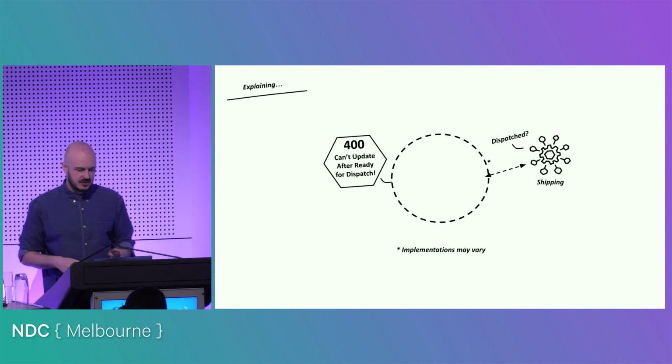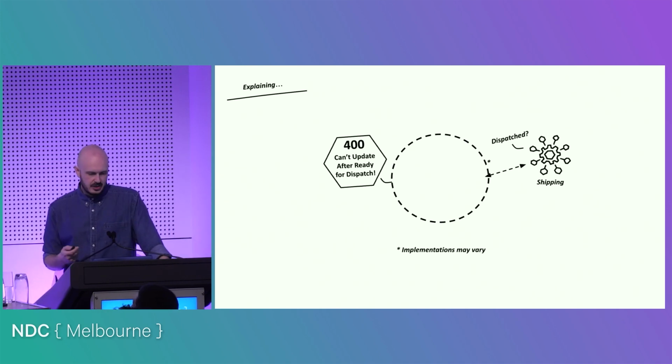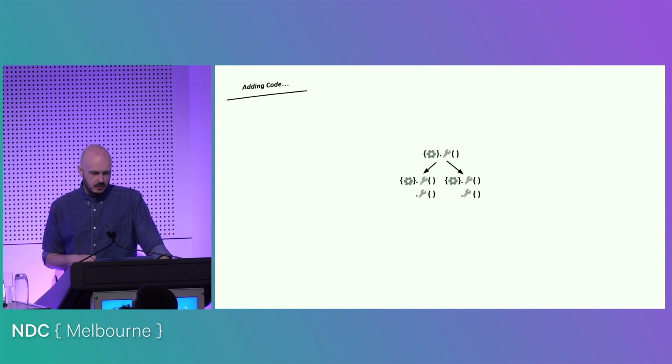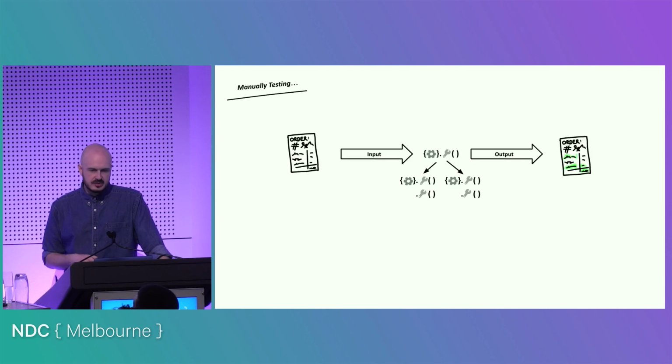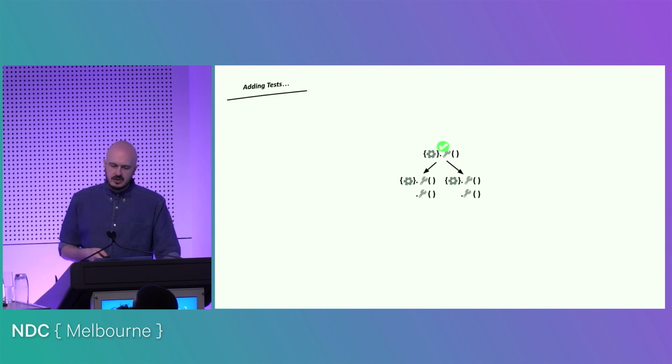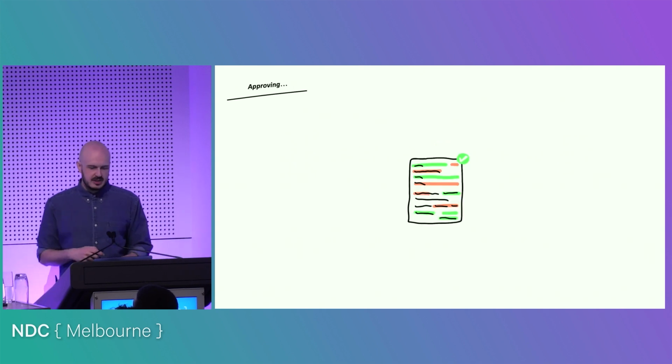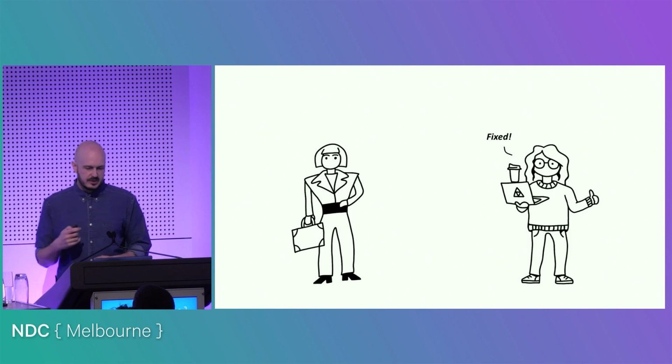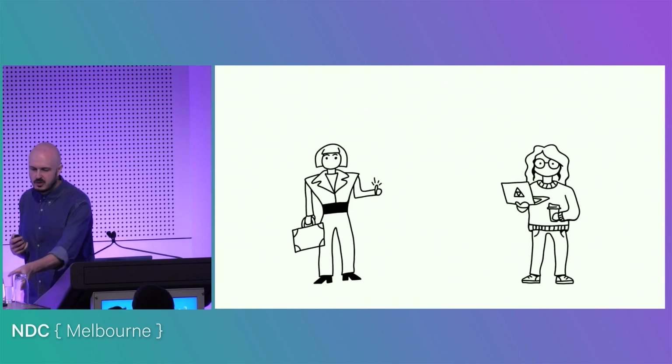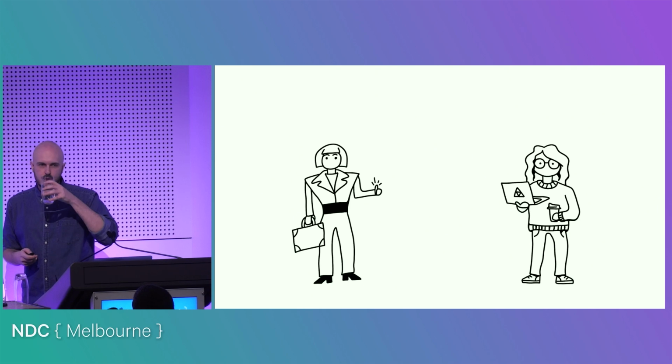Our code base is growing. So, again, wire that up. We do some manual testing, which looks good. We'll add a few new unit tests to our new classes, and we'll get, again, a fairly quick code review. And we'll tell the boss it's fixed, we'll deploy it, and they'll be happy.